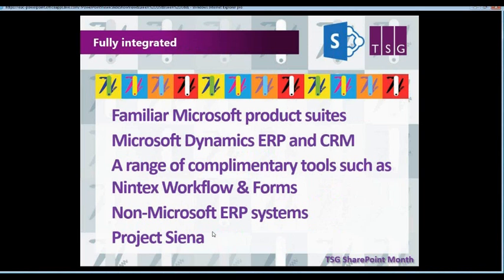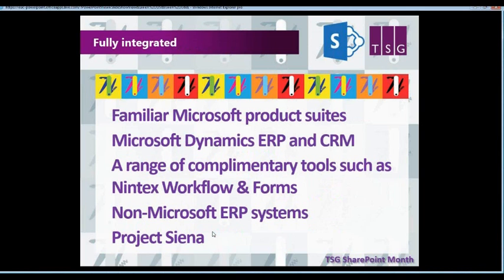And one thing at the bottom there we'll mention is a beta application currently from Microsoft called Project Sienna. What Project Sienna is, is a framework where you can build Windows 8 applications to link data together, and you can deliver those to the desktop.